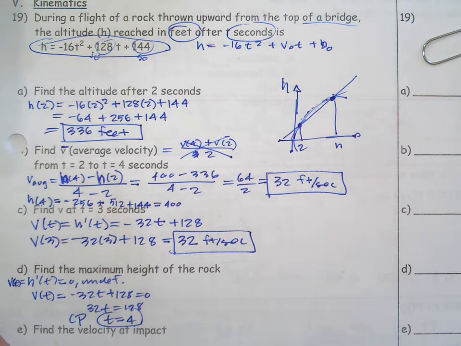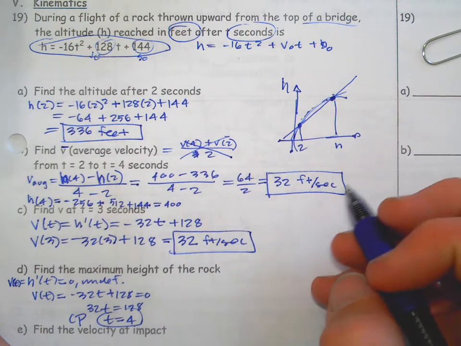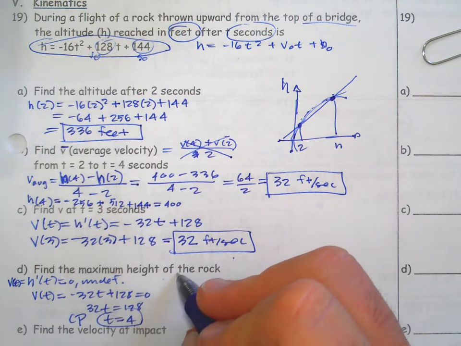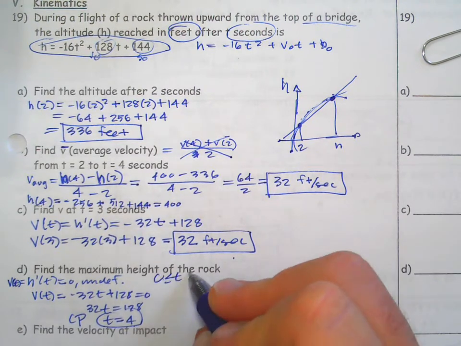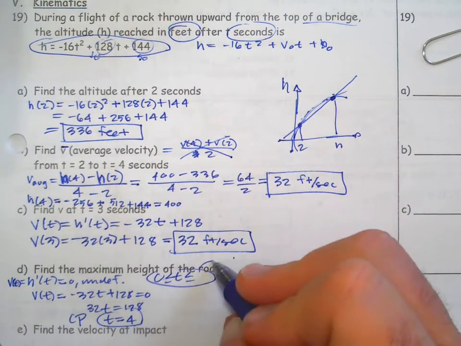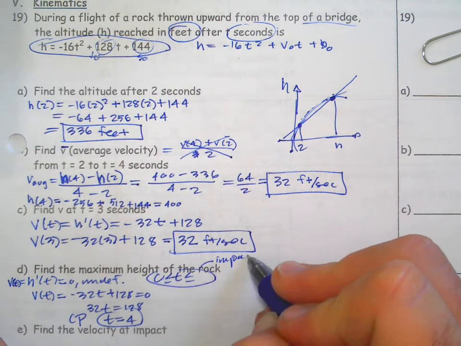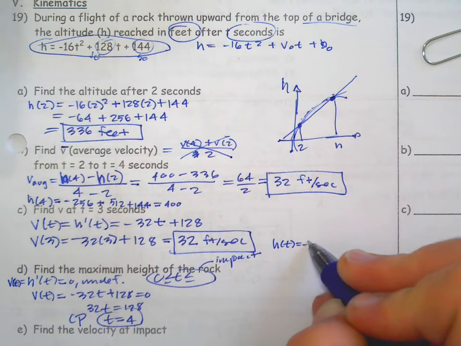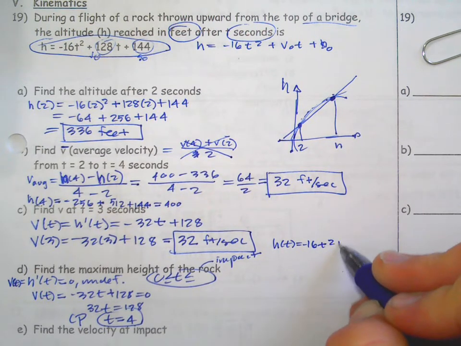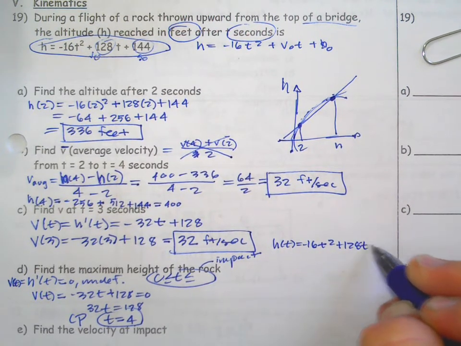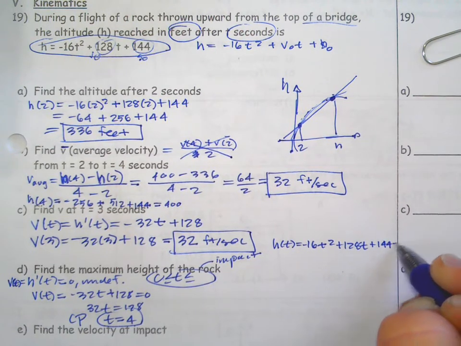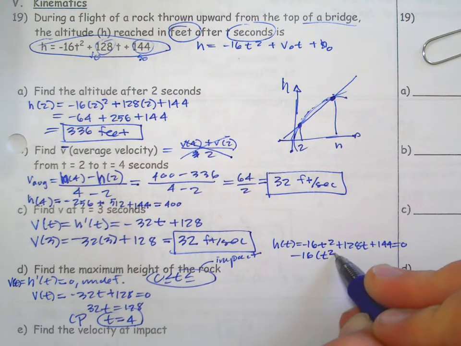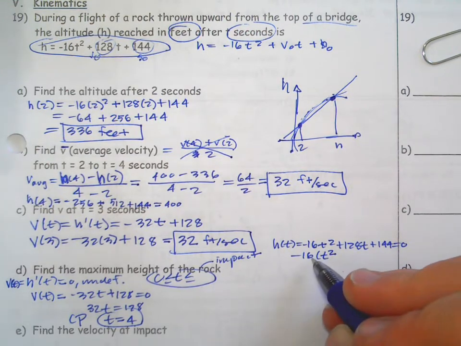We haven't done that yet, I don't think. So to find when it hits the ground, we're trying to find endpoints. 0 is usually an endpoint, and then this would be impact. Impact is when h equals 0. So we're going to set h equal to 0 and try to find the time that happens. We can factor negative 16 out.